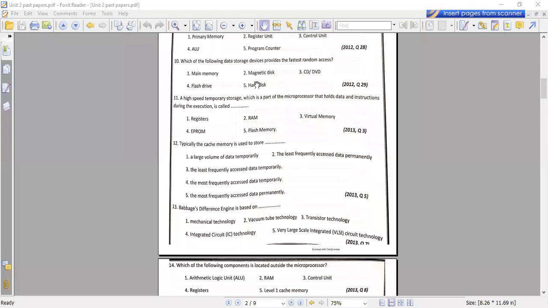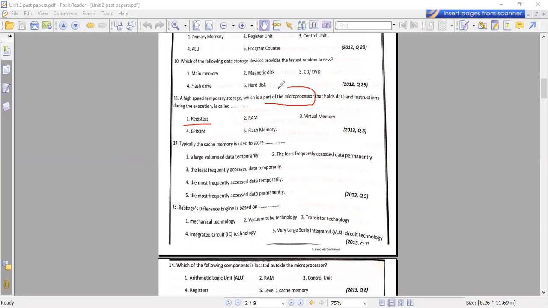High-speed temporary storage, which is part of the microprocessor that holds an instruction during the execution, is called registers. So first one should be the answer. Most of you have put the first one. Now in the question they are telling part of microprocessor.